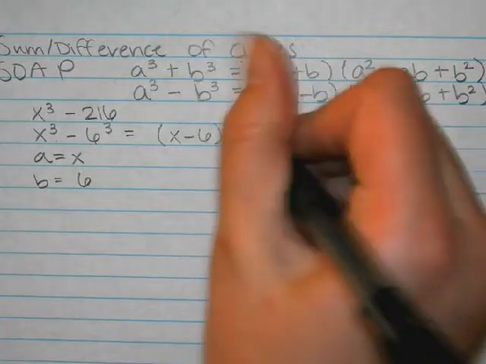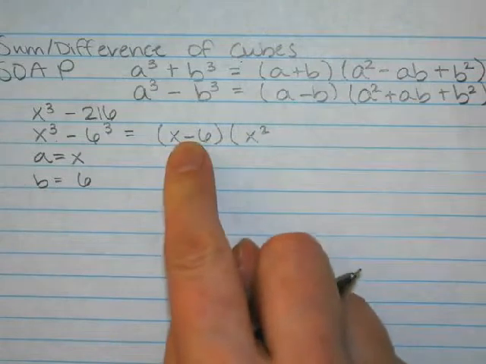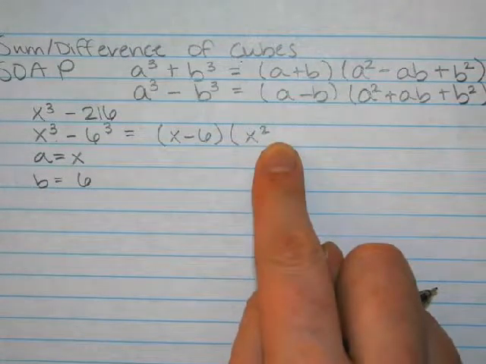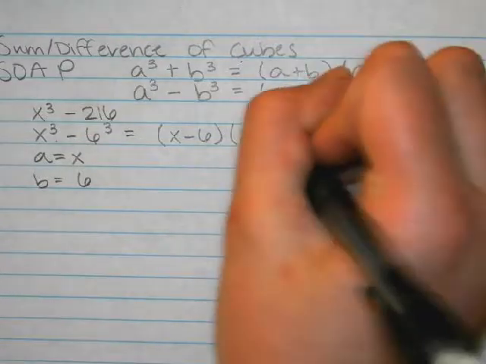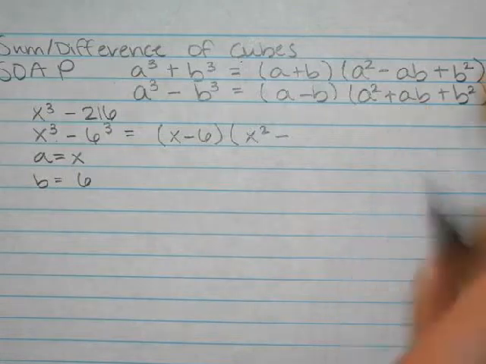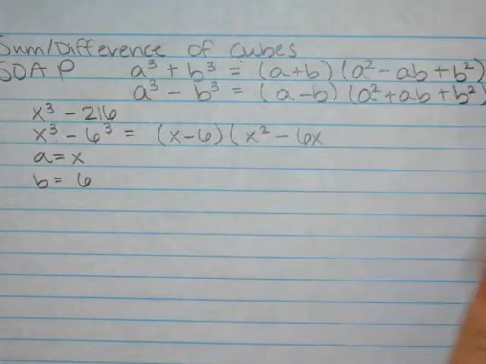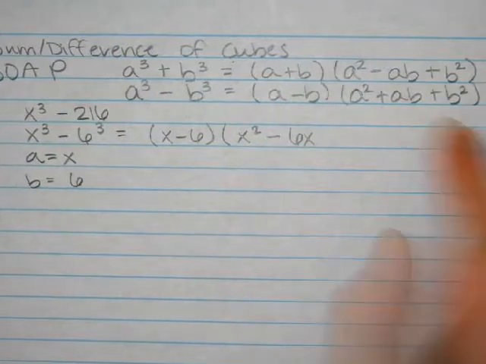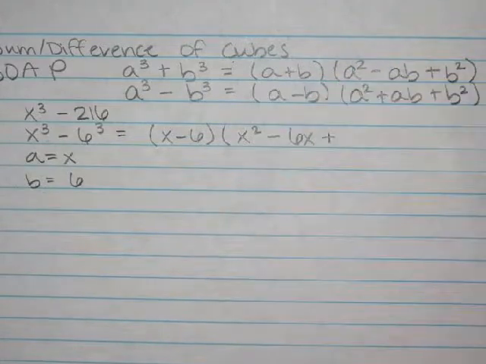X squared. Okay, so same sign. Minus, opposite sign. And then we do A times B. 6x, good. And then always positive. And then 6 squared, which is 36.